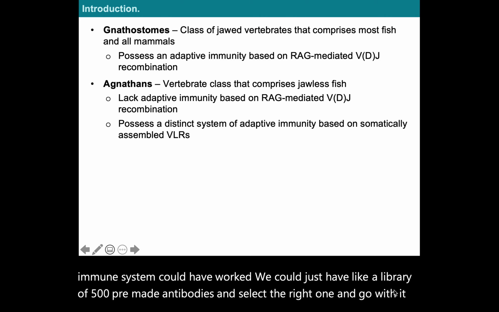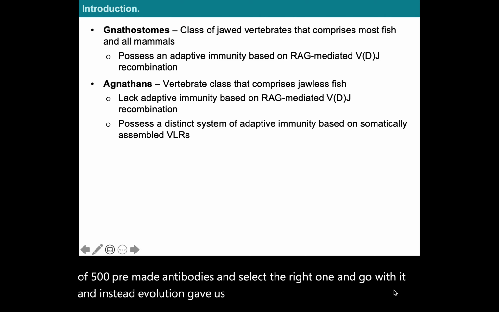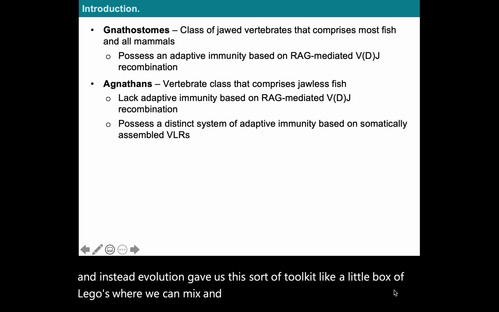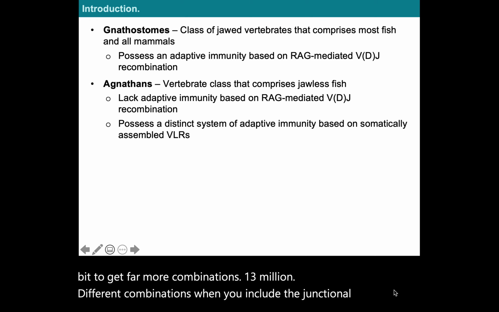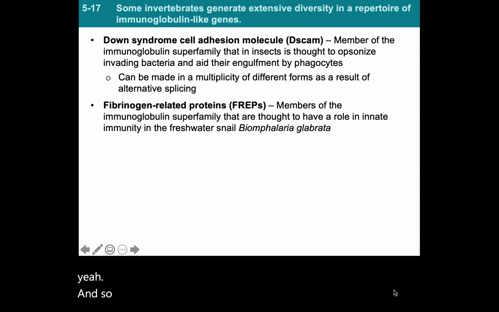Instead, evolution gave us this toolkit, like a little box of Legos, where we can mix and match and tweak them a little bit to get far more combinations, like 13 million different combinations when you include the junctional diversity. And so we will look at those. Let's have a look at these.